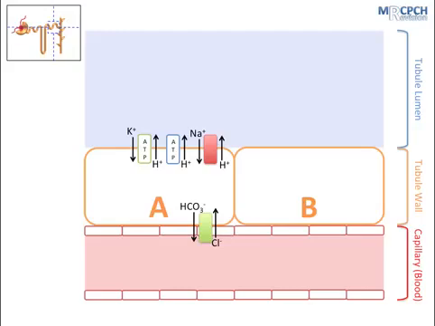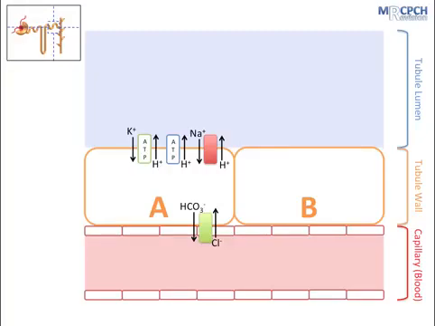So here you can see that in the type A cell, we can secrete the protons generated by the carbonic anhydrase into the urine in exchange for sodium, potassium, and it can be actively transported across on its own. And just like in the proximal convoluted tubule, the bicarbonate is exchanged for chloride and reabsorbed.